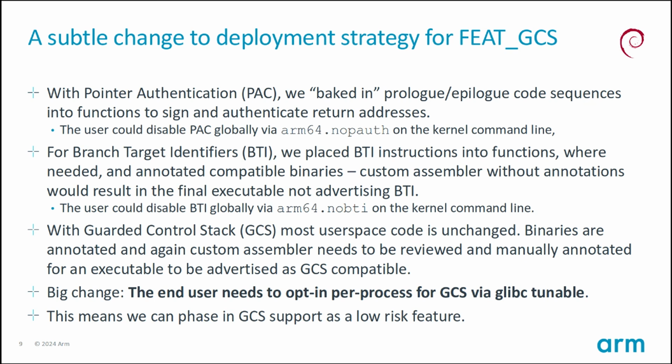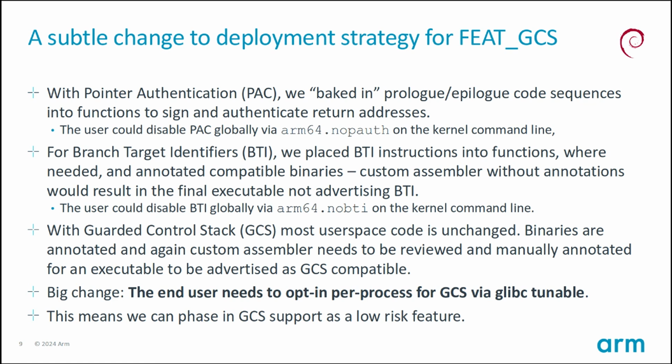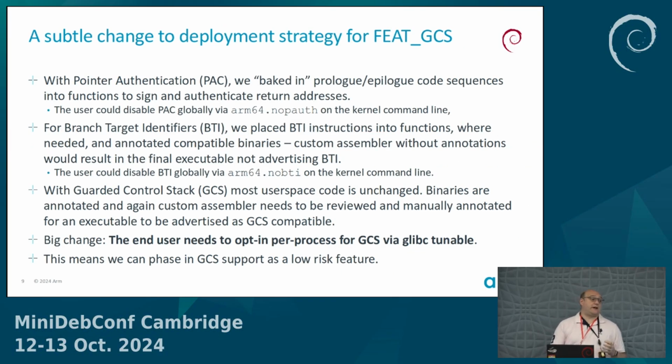Branch target identifiers were slightly more sophisticated because branch target identifiers involved calling across different functions. They weren't self-contained as pointer authentication was. So with branch target identifiers, we had to mark each binary and say, this is BTI compatible.